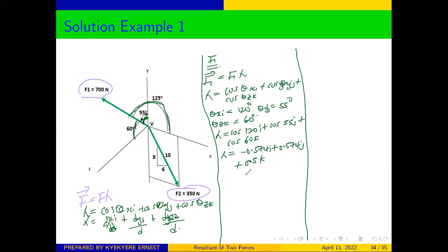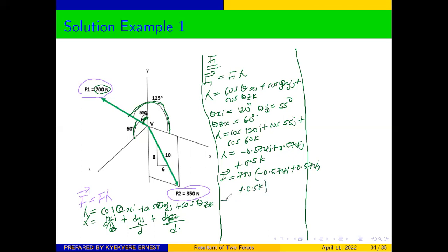Once you have determined our lambda, the rest is to multiply our force by the lambda. So our force in the vector form will be equal to, we know that the magnitude, the scalar, is given as 700, so it's equal to 700 into bracket negative 0.5i plus 0.574j plus 0.5k.